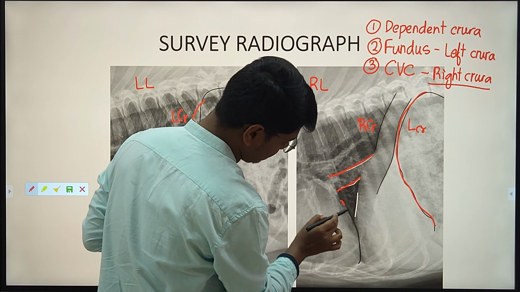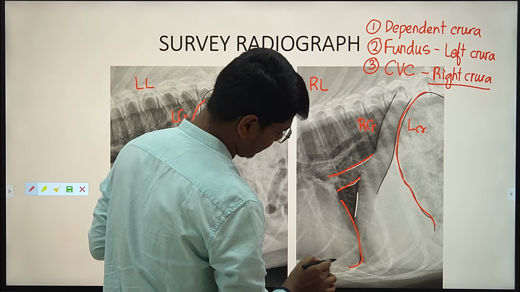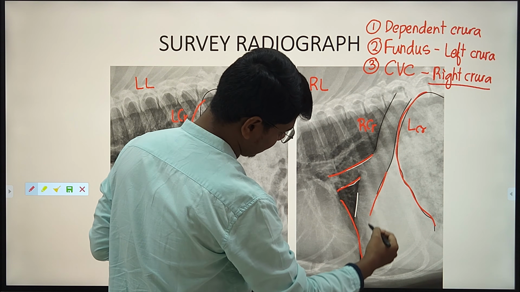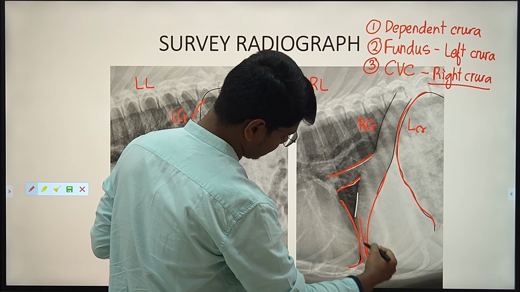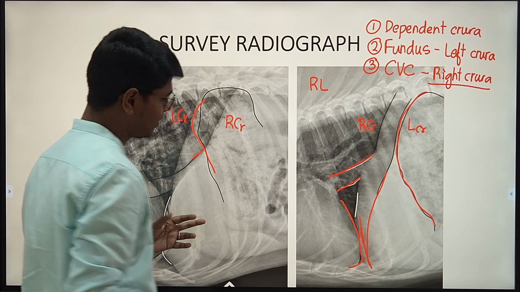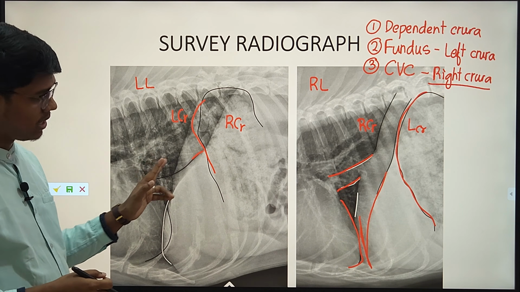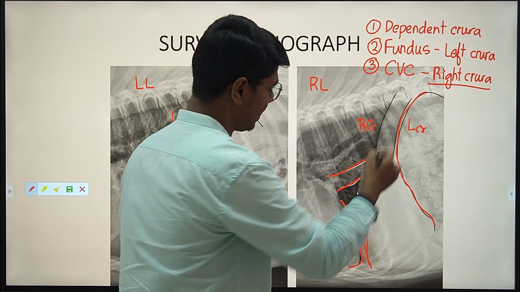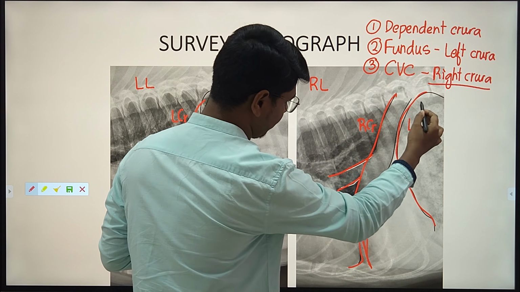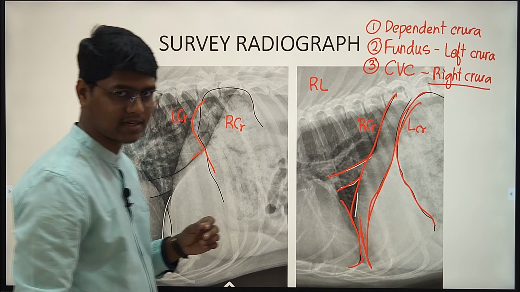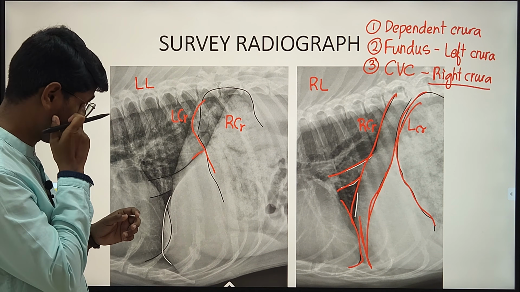Here you can see this is the caudal margin of the heart and here is the diaphragm. These are the two cruras. Another thing, the cruras will diverge in the left lateral view and will have an almost parallel appearance in the right lateral view. These are also differentiating features.